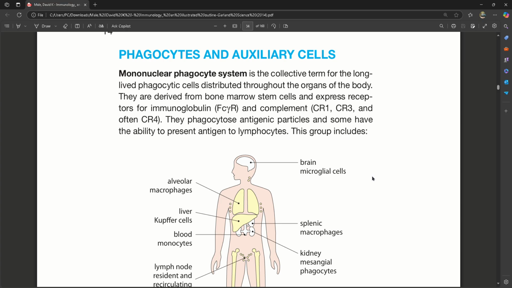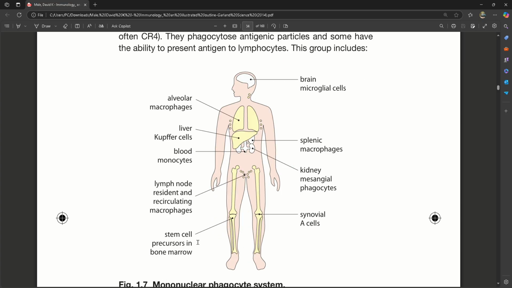So in this, here you can see these stem cell precursors in the bone marrow. This is the position where there is a mass of cells which have stem cells, and in the bone ends there is a bone marrow, and here all the processes of hematopoiesis will take place, and all the blood components will be produced.